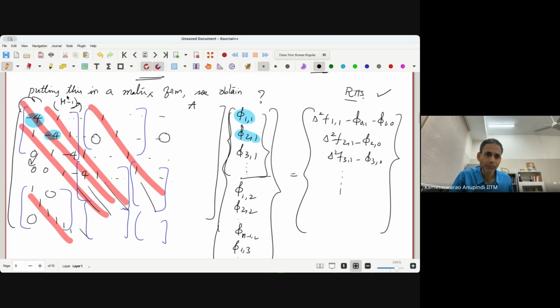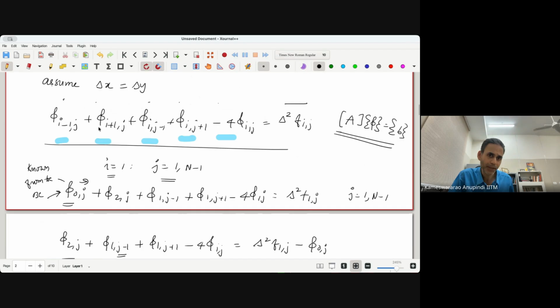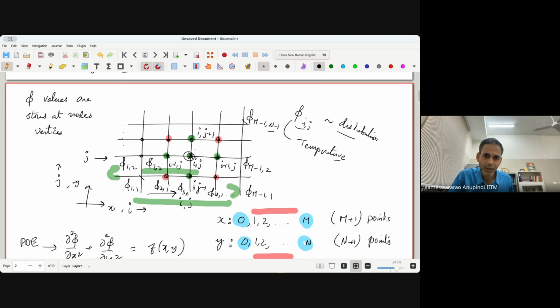Because the dependency on j+1 will only come once you finish the remaining points in the x direction, and then come all the way back here. You are traveling the rest of the x-axis and then coming back to that position. That means this entry will only come after m-1 entries, right?